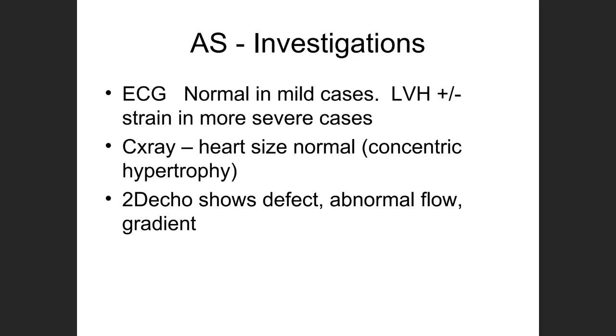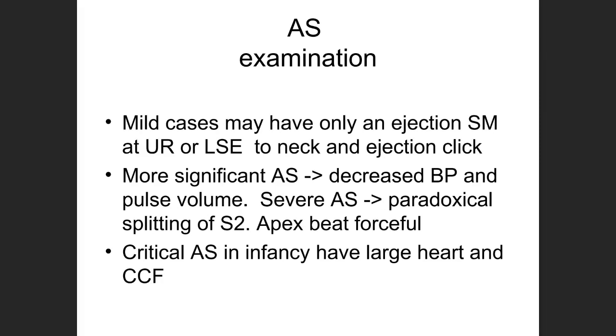Therefore, you will find that during inspiration, the split becomes narrower rather than wider, which is the opposite of the normal situation. So this is what is called paradoxical splitting of the second sound.